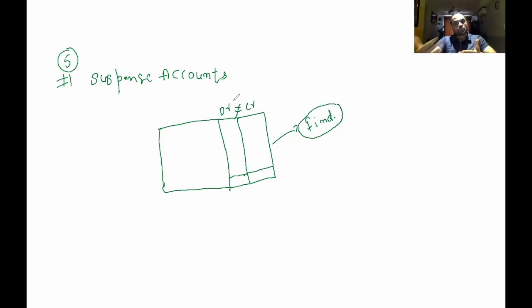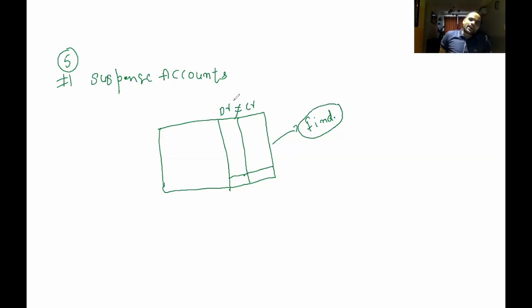And what we have to do in this case, we have to go back to the transactions, check their balances, check their books of prime entry, which means the journals, and check again T accounts and control accounts. Then we come back to check whether the balance is still the same or different.